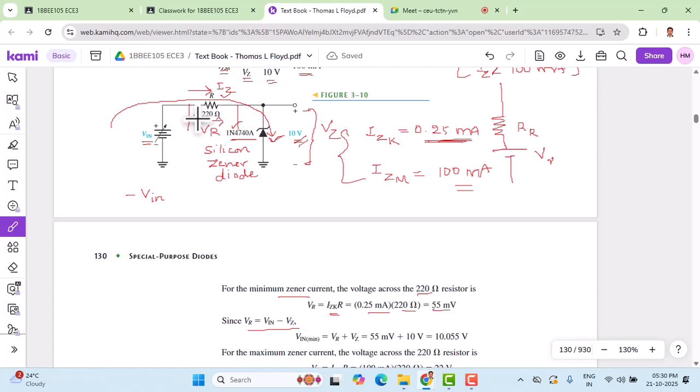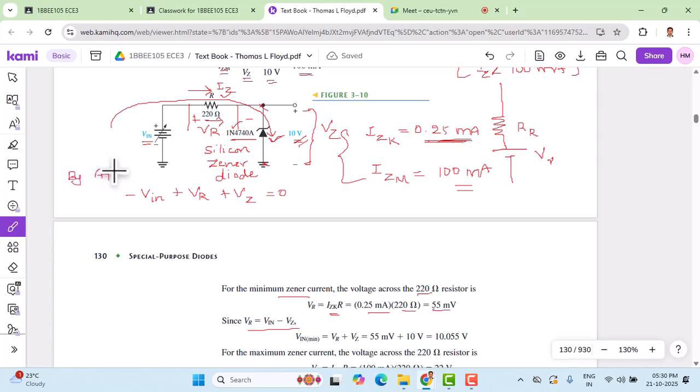Here the polarity is plus and minus, so it is minus Vin plus VR plus VZ equals 0. This is the KVL equation.